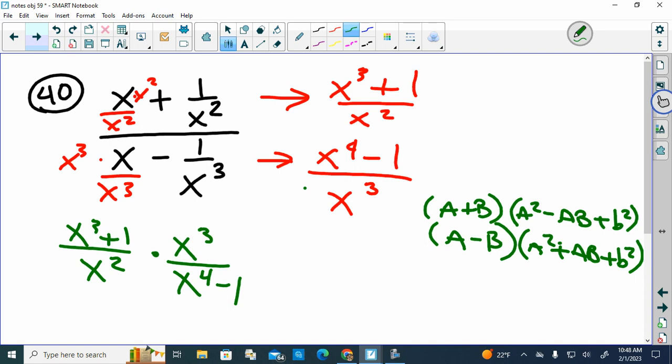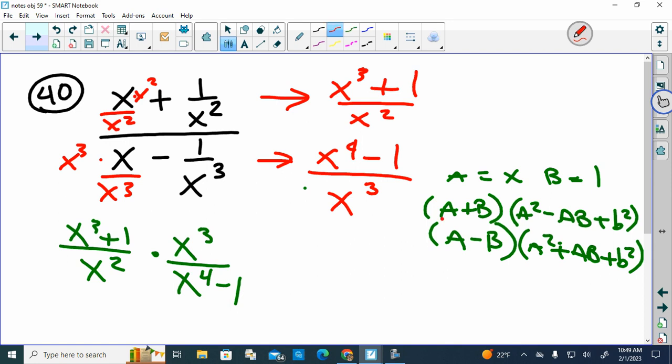Okay, so in the first numerator, guys, what is my a? Just x. Okay, so my a is x. What is my b? The 1. Good? Okay, so this is a positive 1.